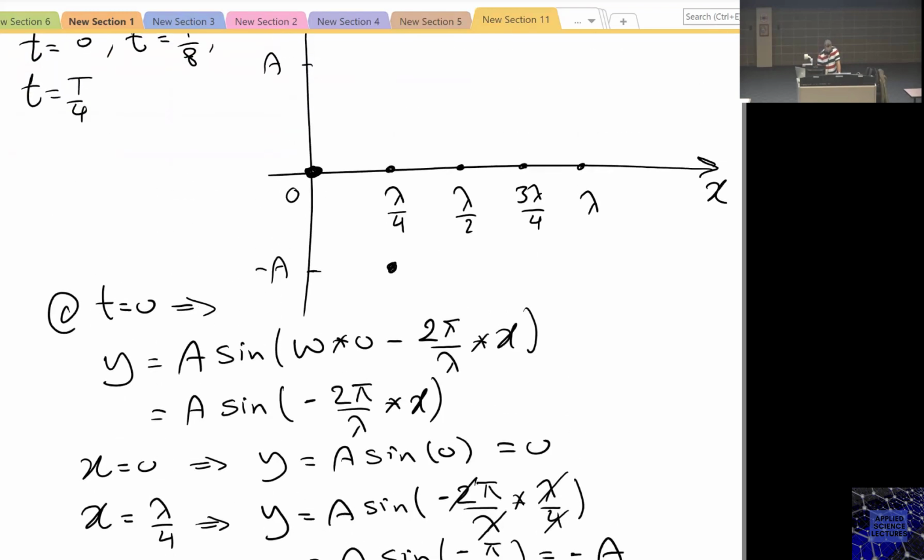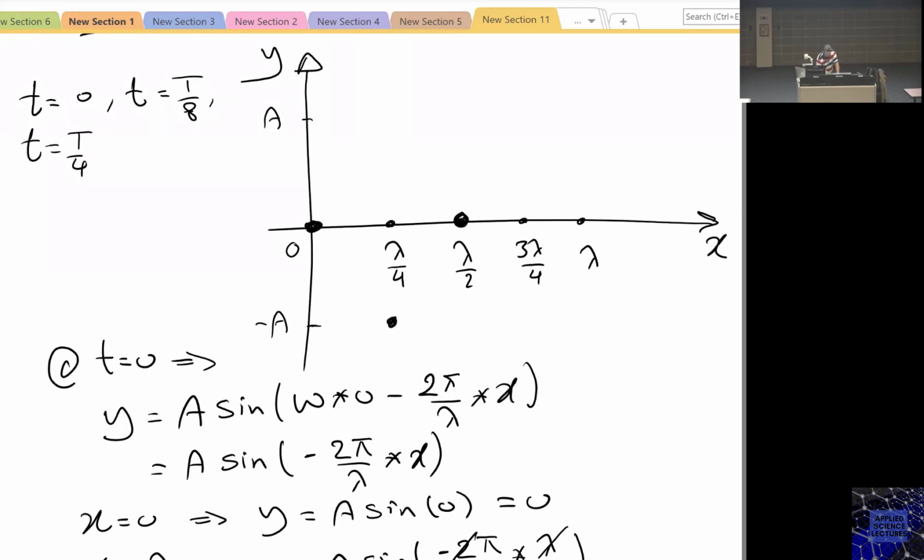So the third point is here. Now, I know if I continue solving for 3 lambda over 4, I would be getting the point to be at A. And I also know if I do it for lambda, I would be getting the point to be 0.